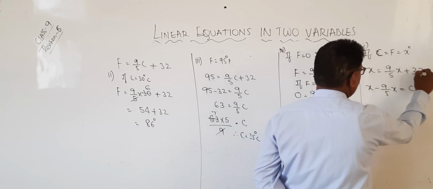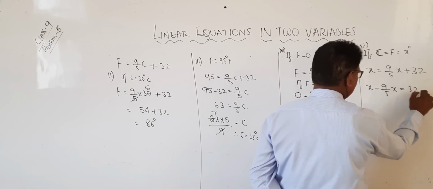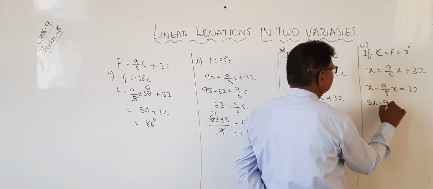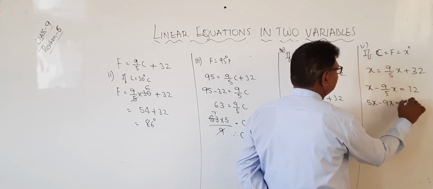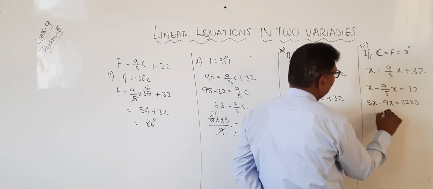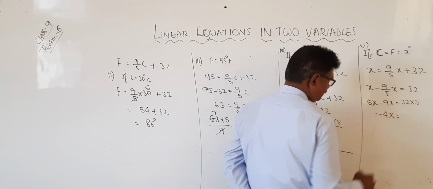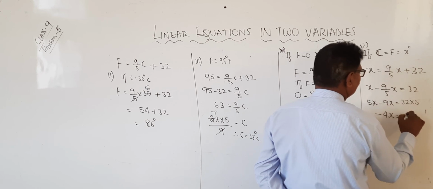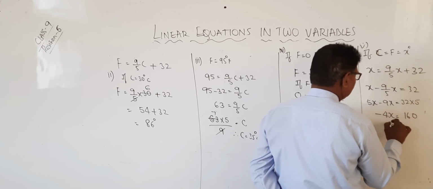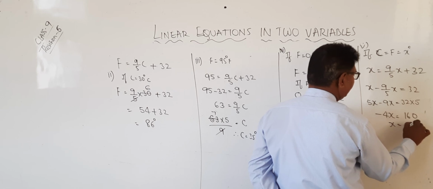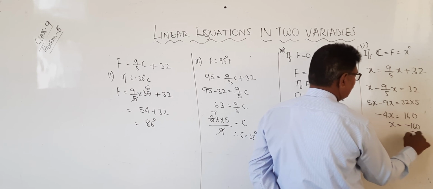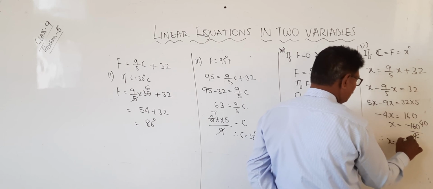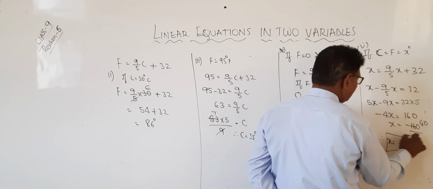Now 5x minus 9x is equal to 32 into 5, minus 4x is equal to 160. Okay? Therefore x equal to minus 160 divided by 4. Therefore both will be equal to minus 40 degrees.